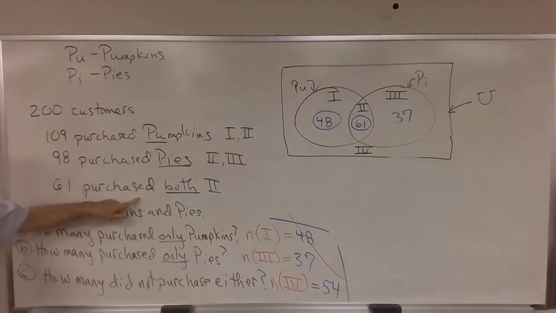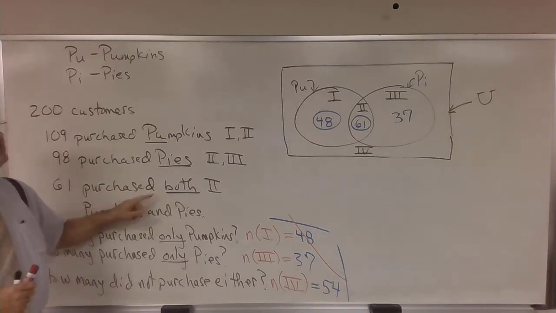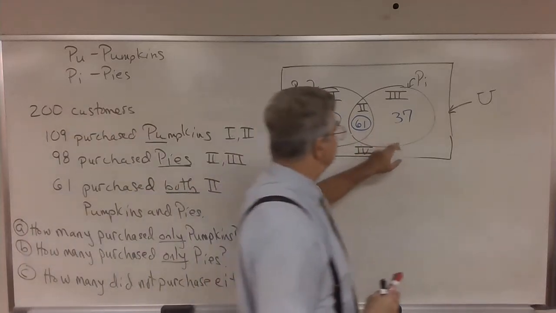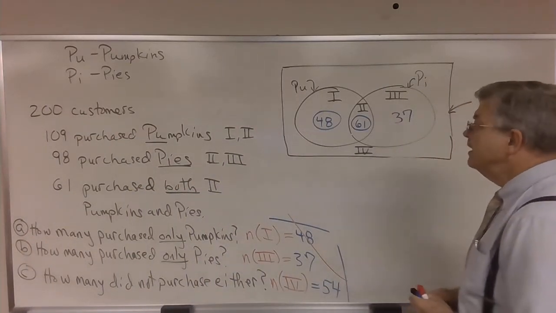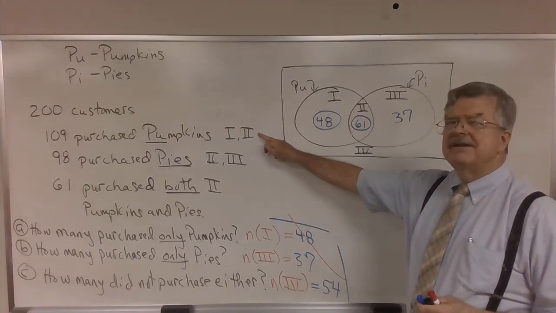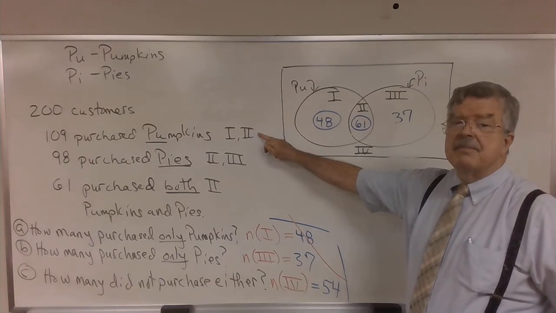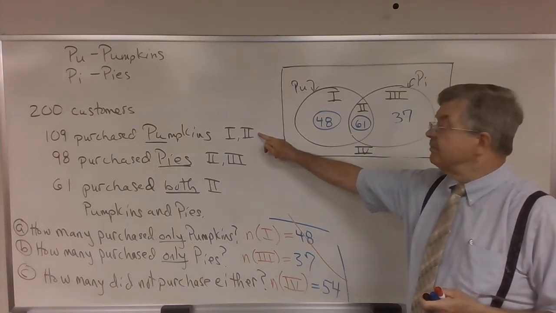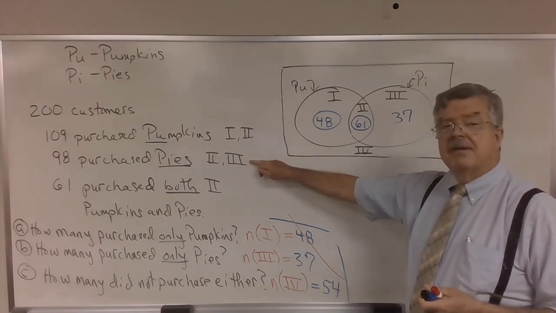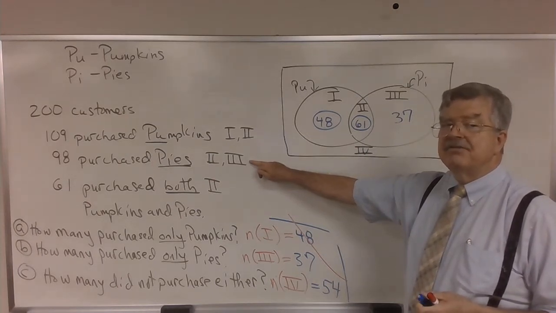This was the key piece of information. It told us how many people were in one of these disjoint regions. This didn't tell us how many people were in region 1, and it didn't tell us how many people were in region 2. It told us how many people were in both. Now, this didn't tell us how many people were in region 2. It didn't tell us how many people were in region 3.